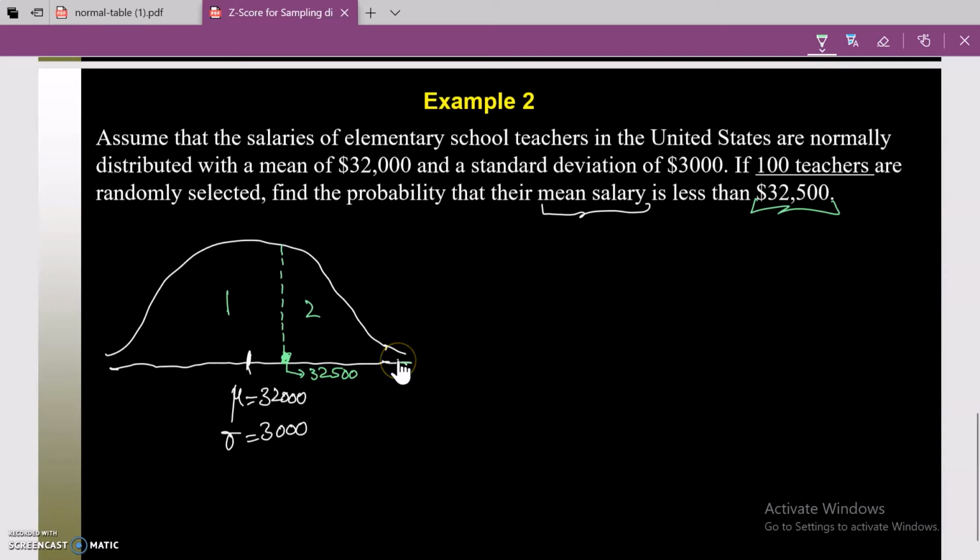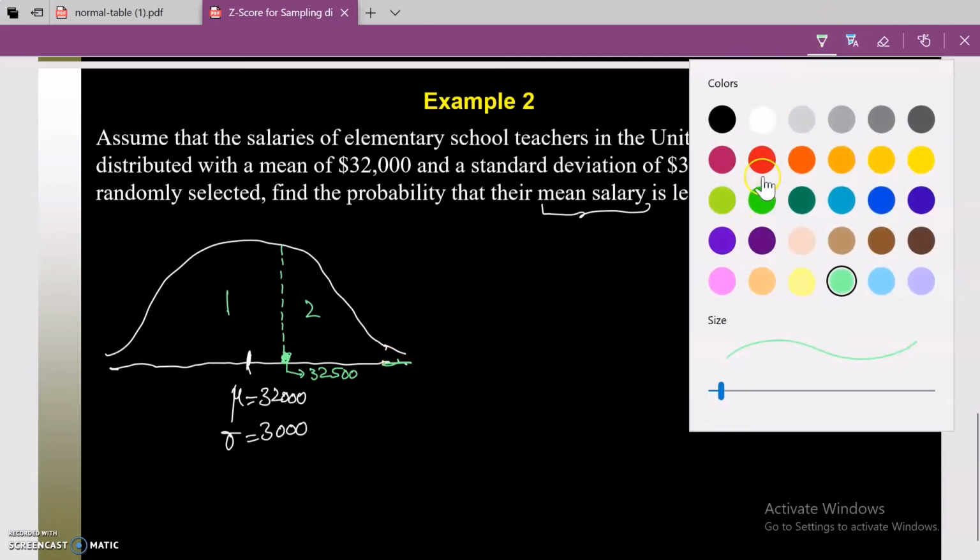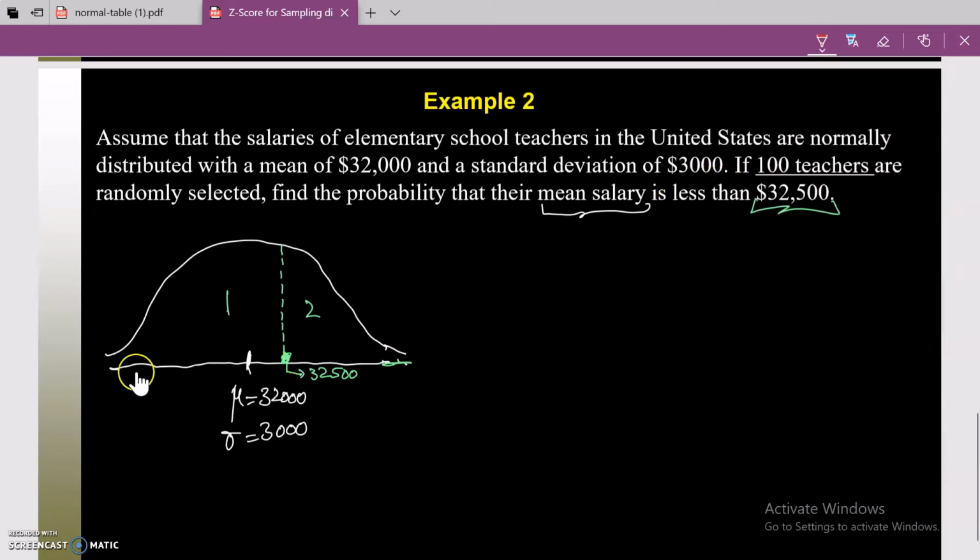Now, it's very important that you understand one thing. Let me change the color of this axis. In this figure, this axis represents the sample mean. This represents X bar. This is very important that you understand.